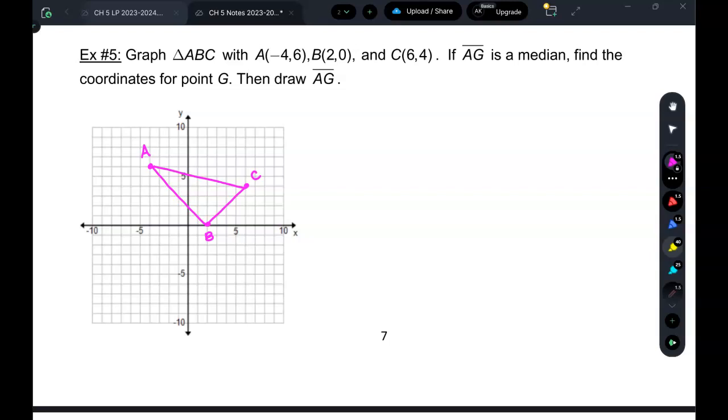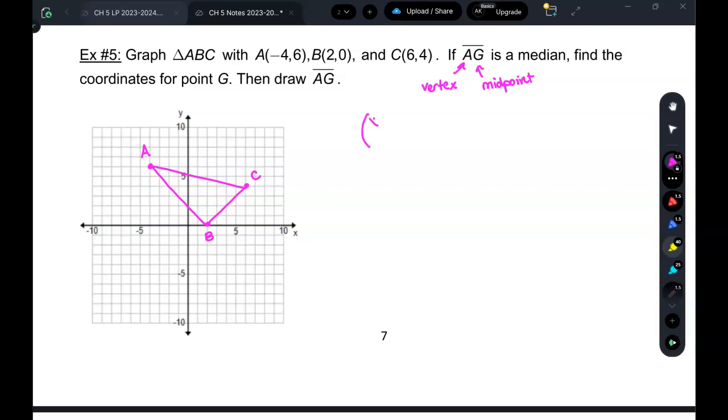Where's G? We need to figure out what G is. If AG is a median, since A is a vertex, then G has to be a midpoint. So what is G the midpoint of? Of BC.